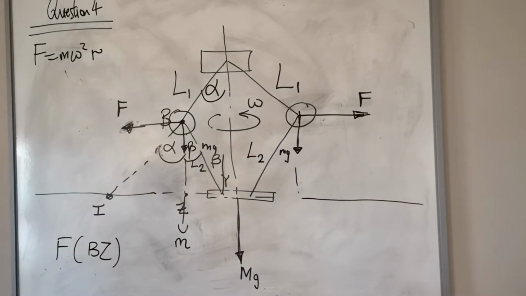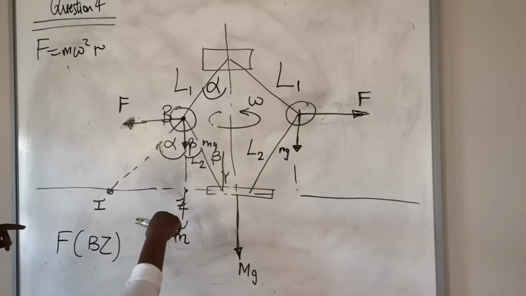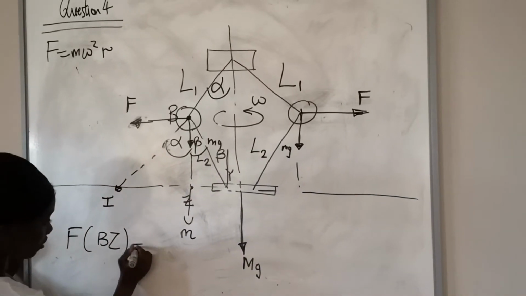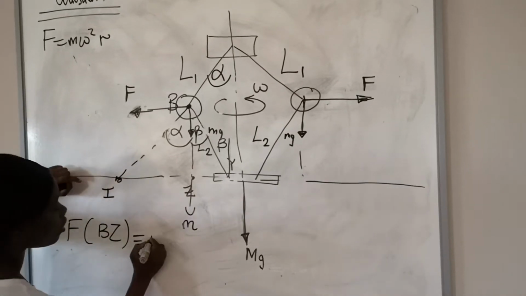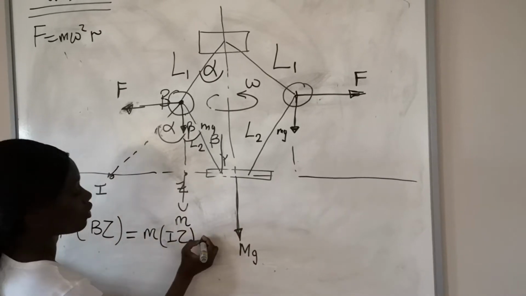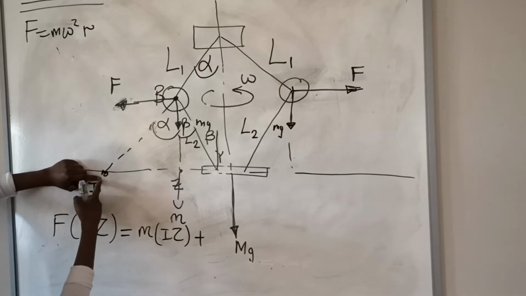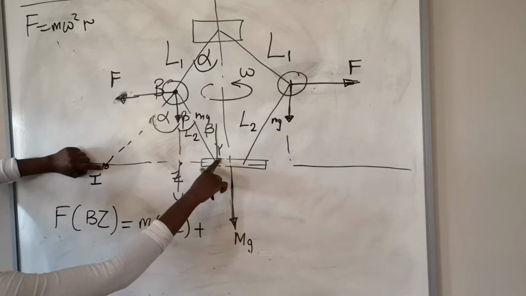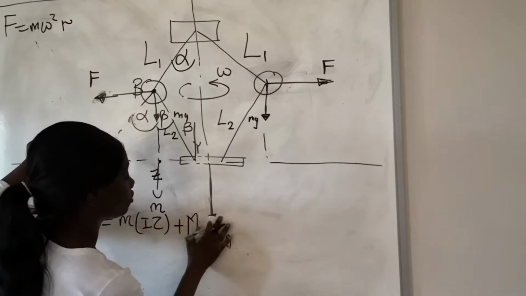Okay. So I assume that moment going this way is positive, so moment going the other way will be negative. Okay. Sum of moment is equal to 0. So m multiplied by this distance here, IZ, plus mg multiplied by this distance here. So this is y, and then that's I, so big M. You just scratch it off, put the big on top.